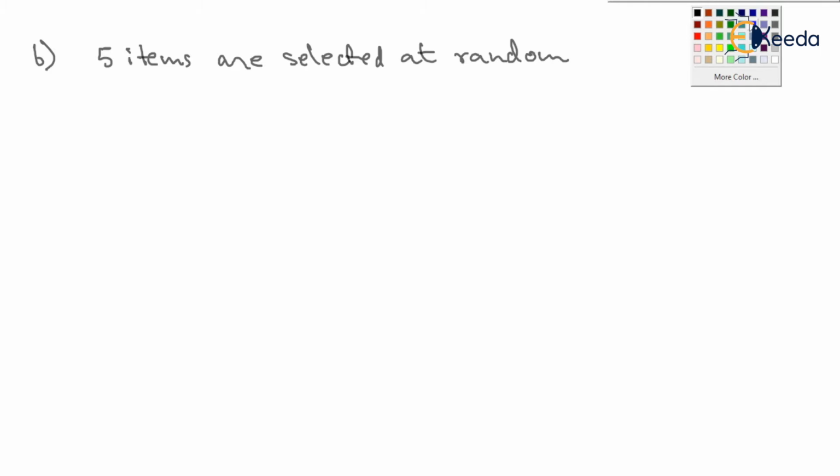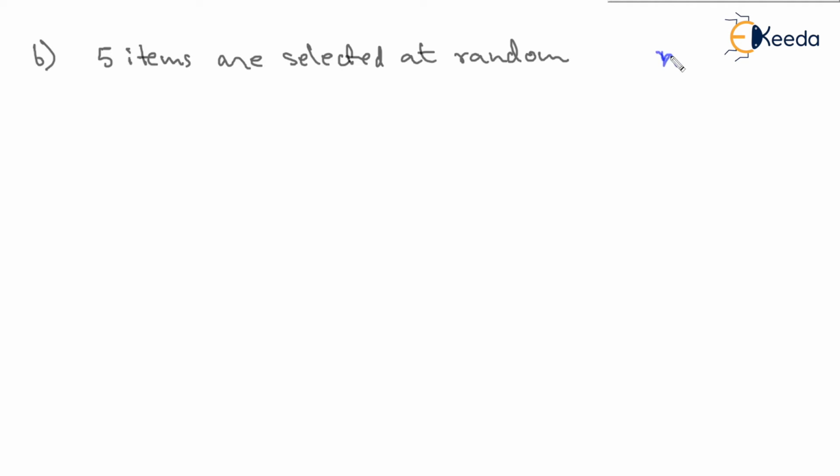Now the second part says 5 items are selected at random. So one thing which is changing here is small n.